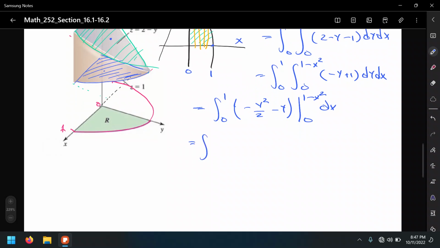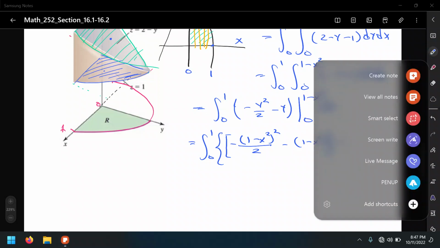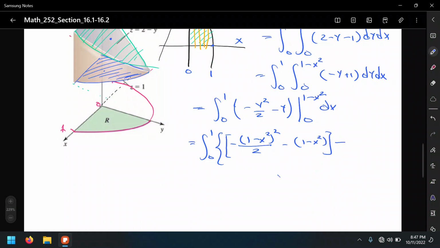So that's integral from 0 to 1, negative 1 minus x squared over 2 minus 1 minus x squared. So that's the first part. Minus, do we agree that if we plug in 0 for both terms, that's going to get zeroed out again? dx.